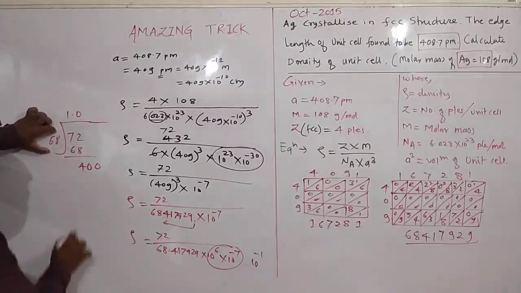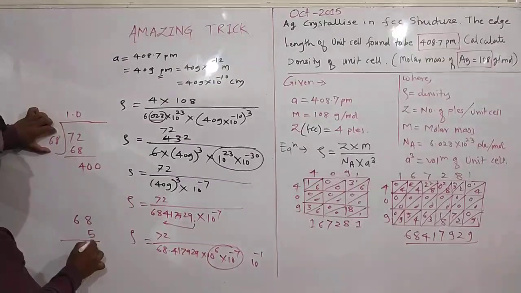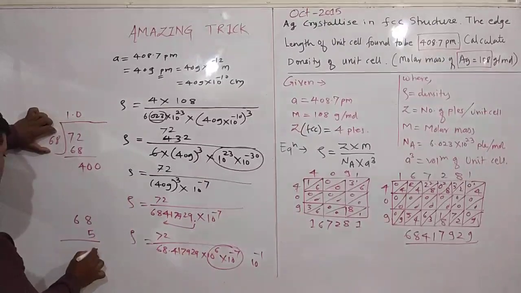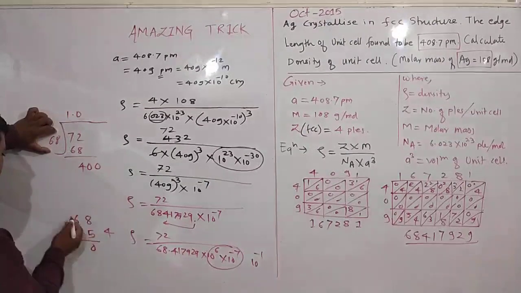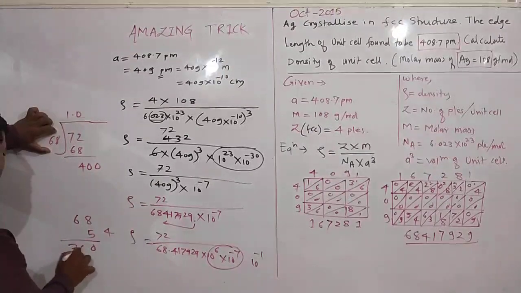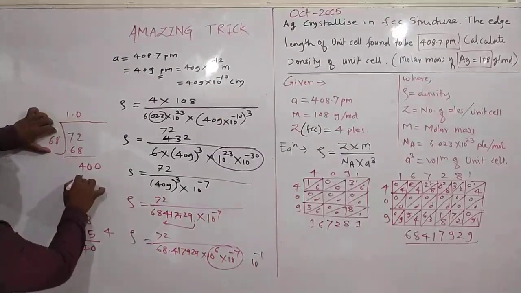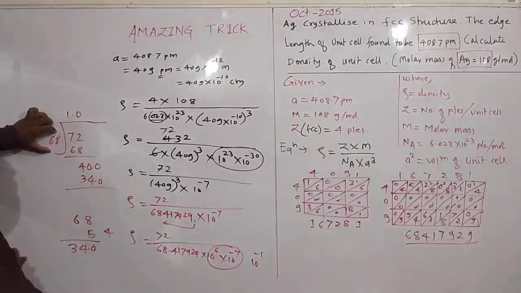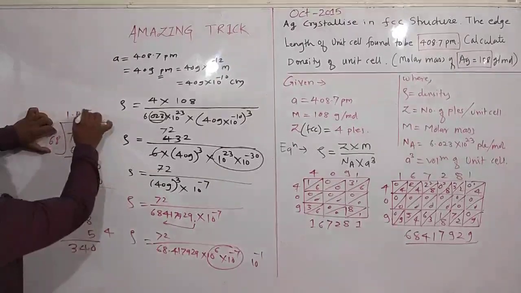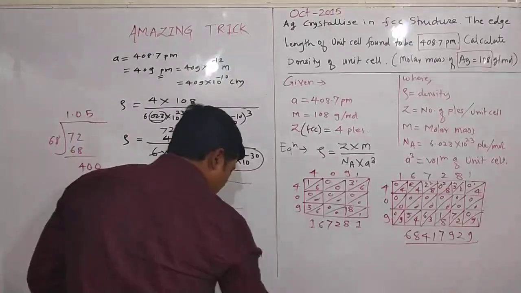If you multiply 68 by just 5, 8 fives are 40, then 6 fives are 30, plus 4 is 34. It comes to be 340. So 5 is the next digit, giving 1.05.